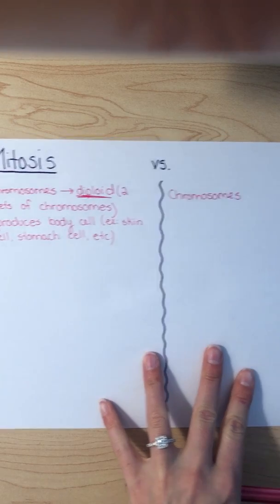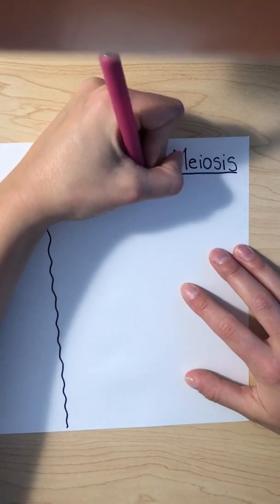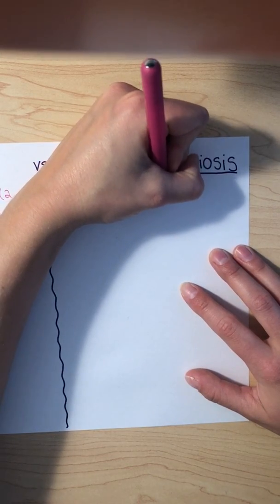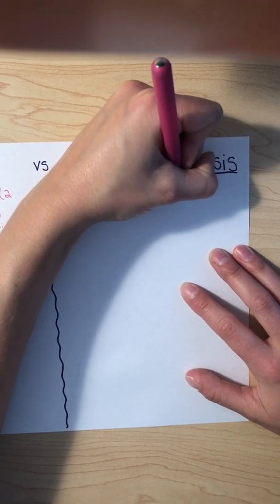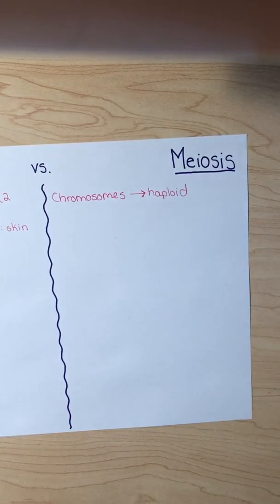Moving on to the other side of meiosis, okay? So in terms of chromosomes, all right, cells that are produced from meiosis are what we call haploid, okay? A good way to remember haploid is half and haploid, okay? They both start with HA.